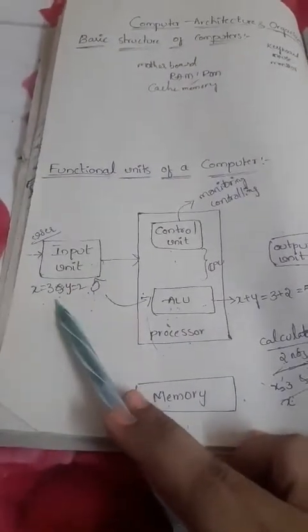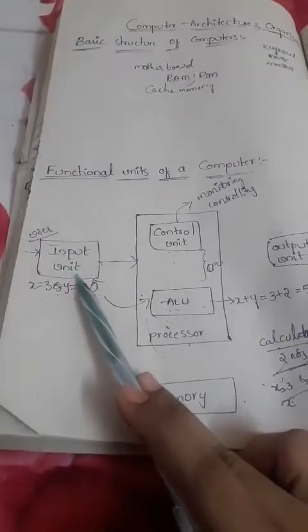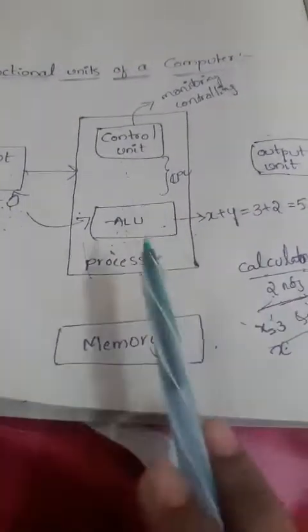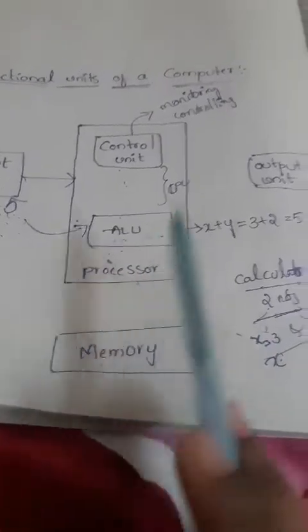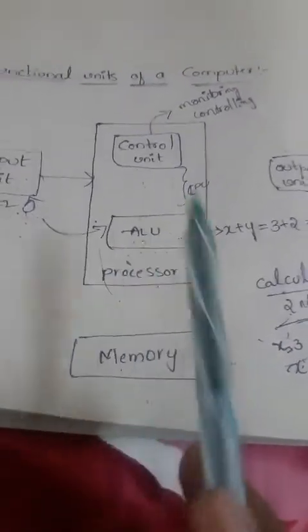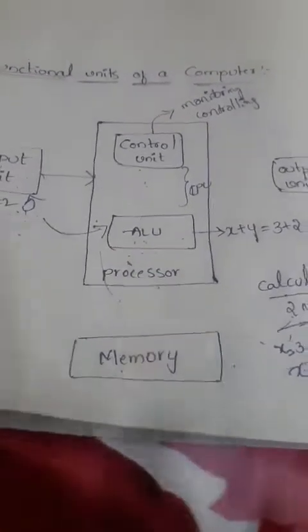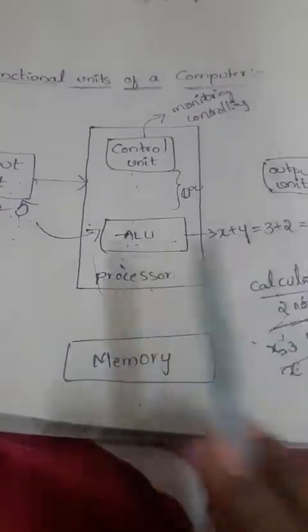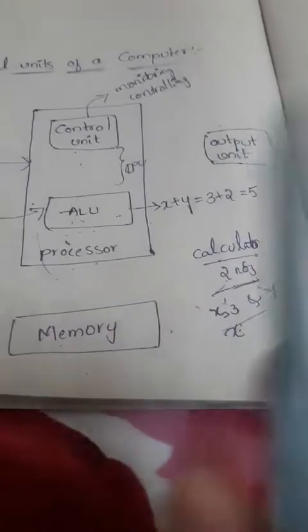Okay, so first the input unit will take the information, and after taking the input data, it will be given to the ALU box. The ALU will take that information, and which operation is performed here will be observed with the help of the input unit. The input unit gives the condition, that is, we need to do the addition operation. Then automatically the ALU will do that addition operation.